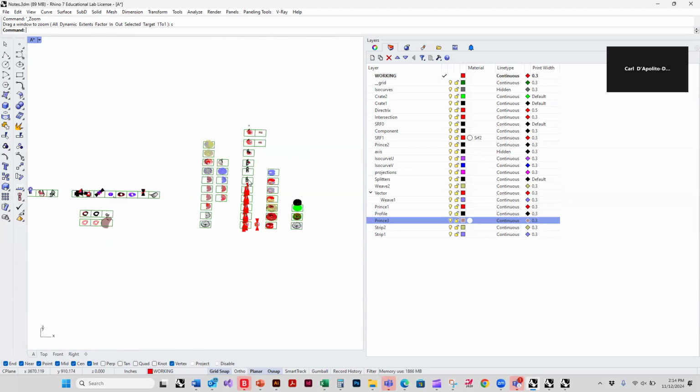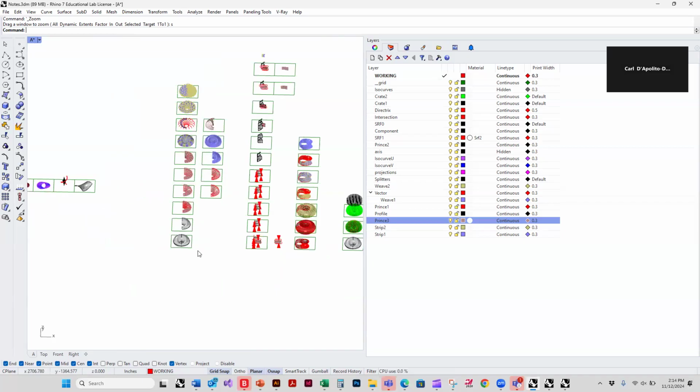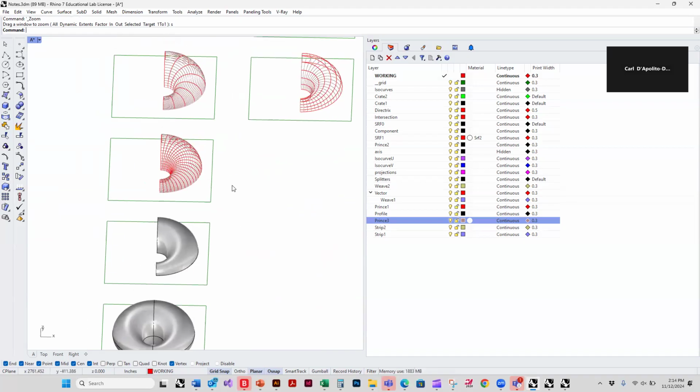Then I wanted to talk a little bit about the weaving again. If you are doing the weaving, the weaving requires two versions of the surface overlapping each other, one with one direction and one with the other direction of curvature.